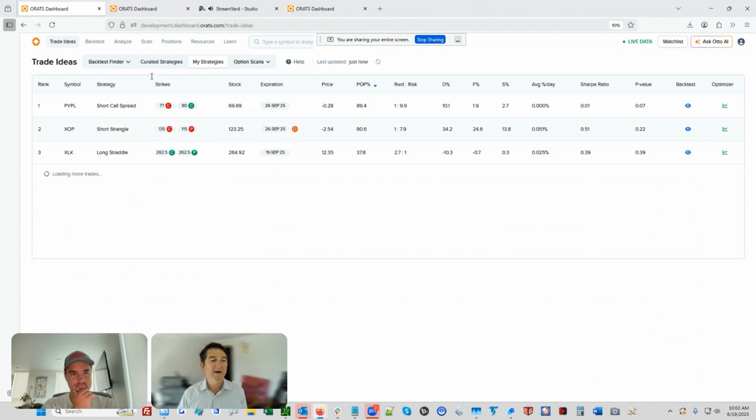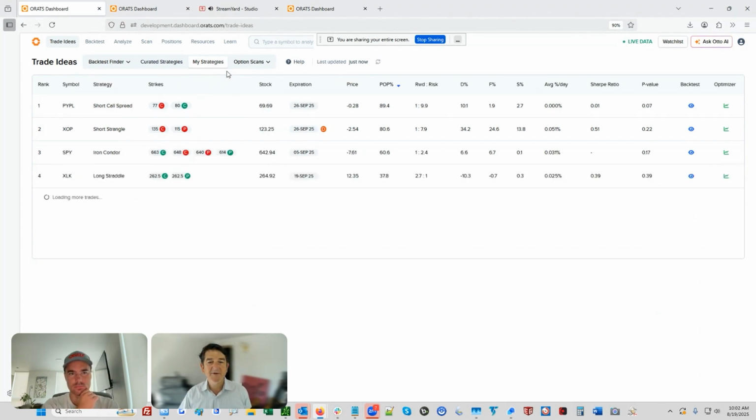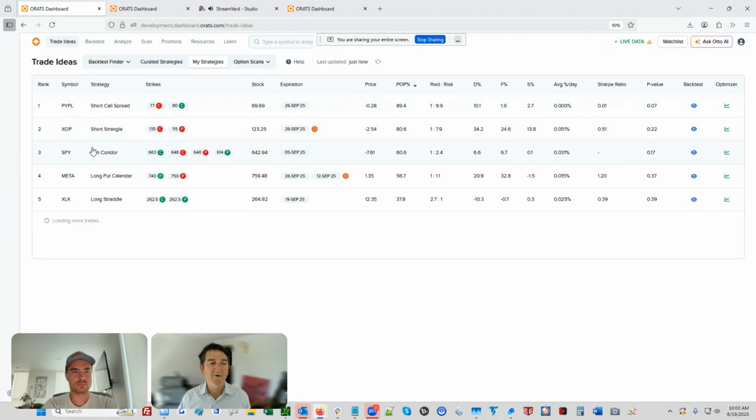Yeah. So kind of the final answer is this. I have these strategies that I've saved. They have Sharpe ratios that I look at. They have p-values that I look at. So those are what we're going to be trying to either find or optimize. And right now, the trade ideas tab brings the actual trades that meet all the criteria.